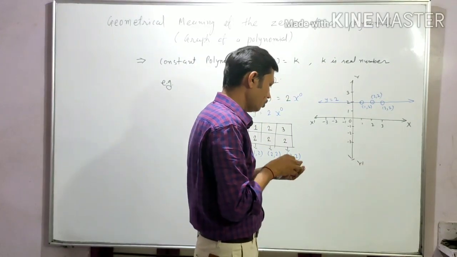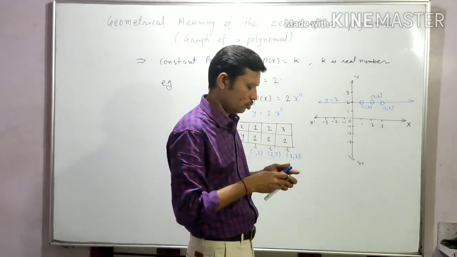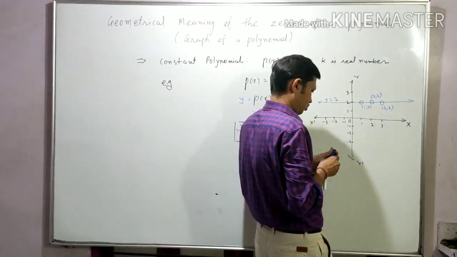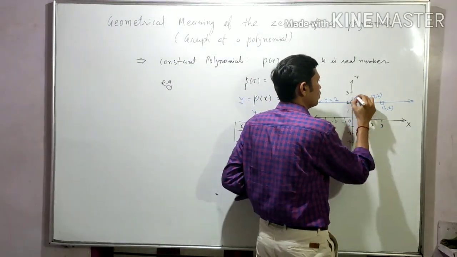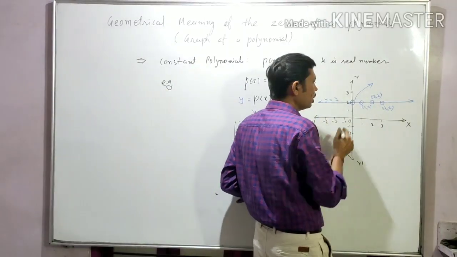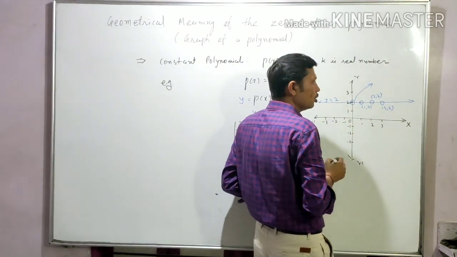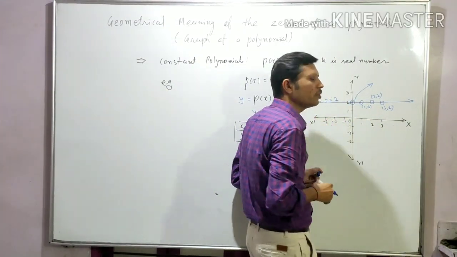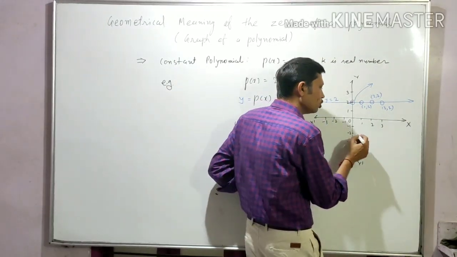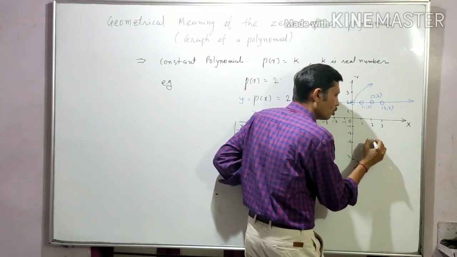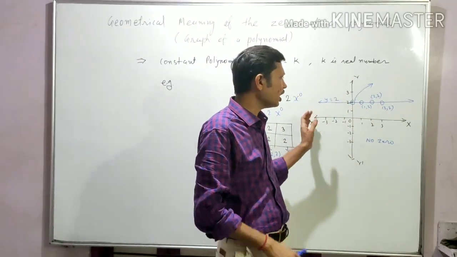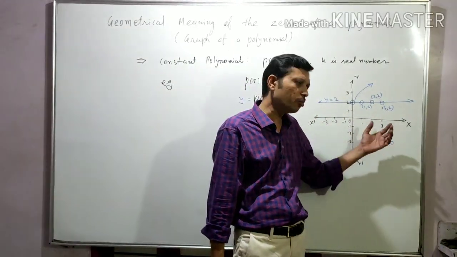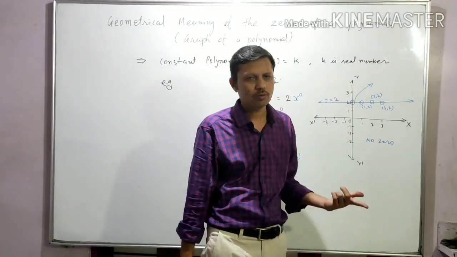So we can say the 0 of this polynomial... Here the intersection point would be there, right? But there is no intersection point with the x-axis, right? So we can say it has no 0, because we didn't get any value of the variable x that will make our polynomial 0, right?